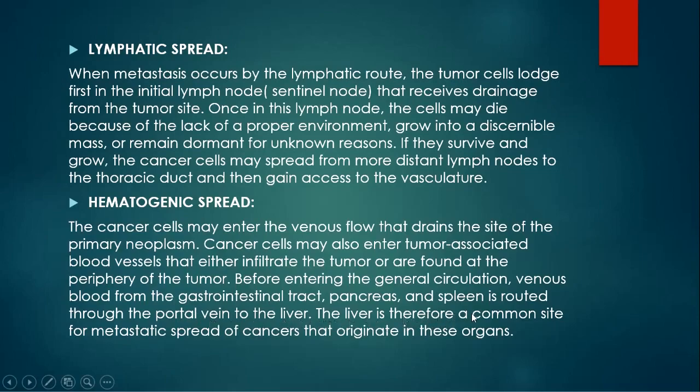So the liver is therefore a common site for metastatic spread of cancers that originate in these organs, because all of these organs drain their venous blood into the liver via the portal vein, and from the liver it's then carried to the heart.